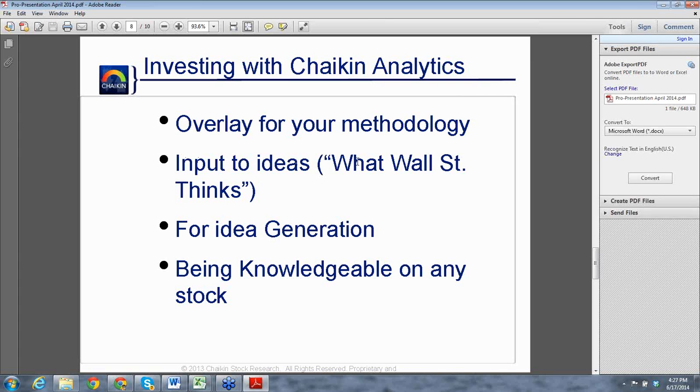I like to say, and you'll get what I mean when we go through the model in detail, that essentially this model is really about, here's what Wall Street thinks. Because what we're looking at are the very specific fundamental factors, the very specific growth factors, and others like short interest and insider buying that the biggest players on Wall Street look at. And we're looking at what the analysts who drive a lot of stock price movement look at.